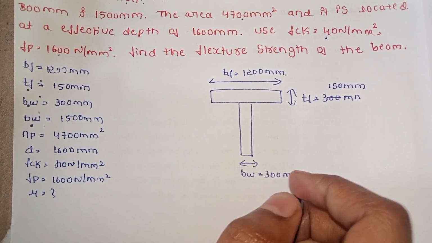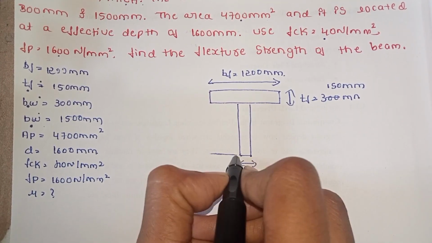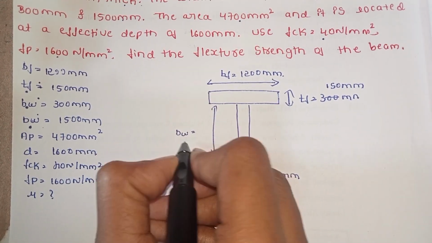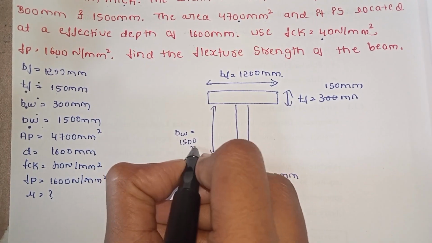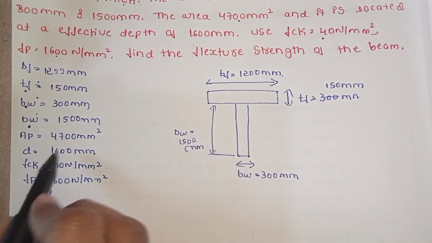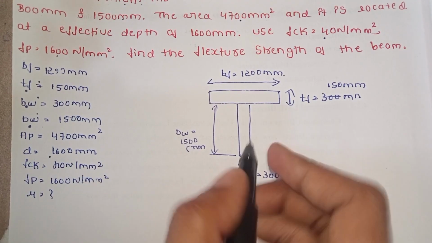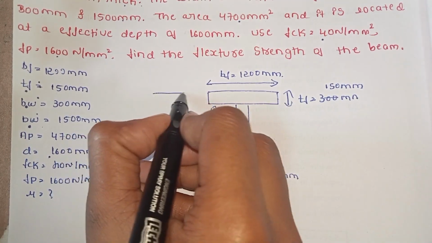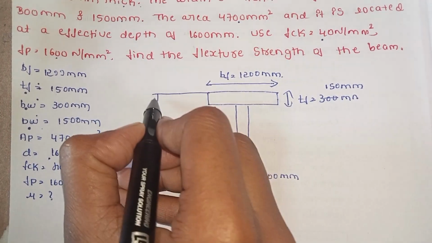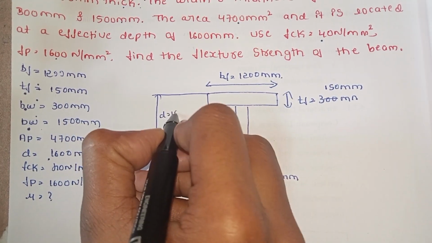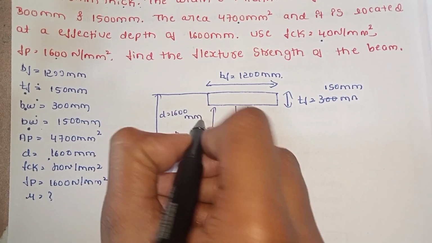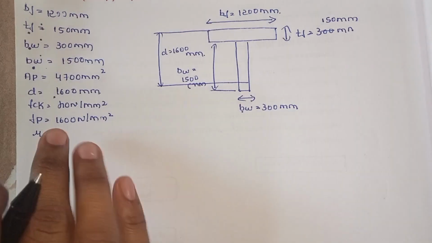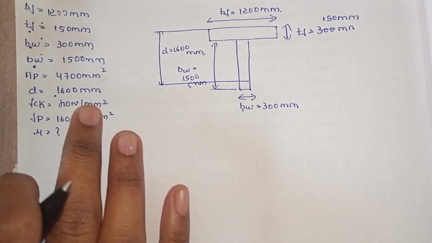Next, depth of the web DW equal to 1500 mm. Next, effective depth, small d, equal to 1600 mm. This is the figure.